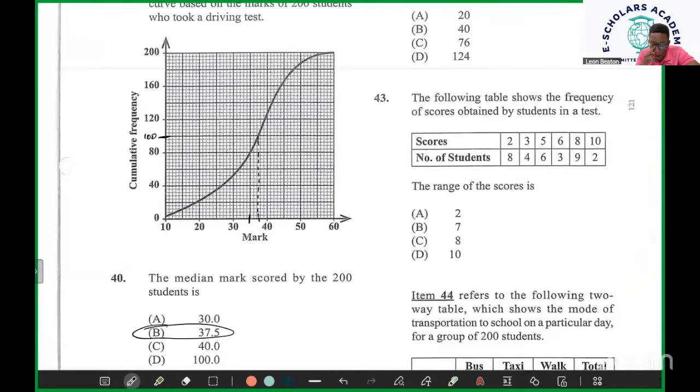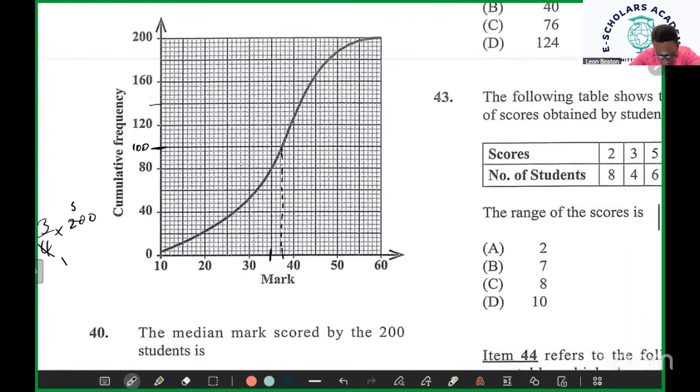Q3 would be at 75%, which is 3/4. 3/4 of 200 is 150. So if here is 120 and this is 140, 150 will be halfway here.